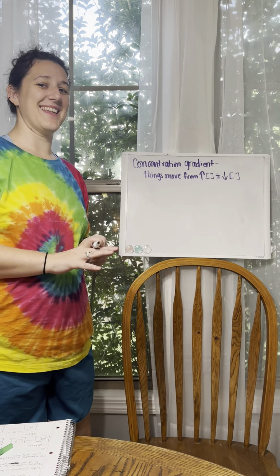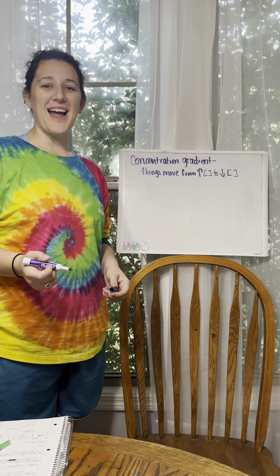Okay, and you're looking at that and you're thinking, why are you putting brackets and arrows and explain? So, just with the way that things work, a concentration gradient means that things move from an area of high concentration to low concentration. And when you see brackets like that, that's just a shorthand for concentration. Because my board is so small, I'm going to use the shorthand.